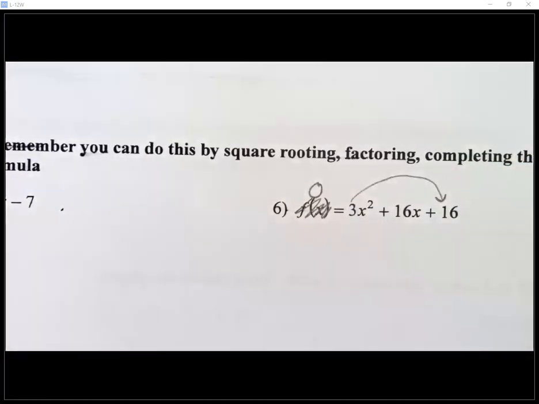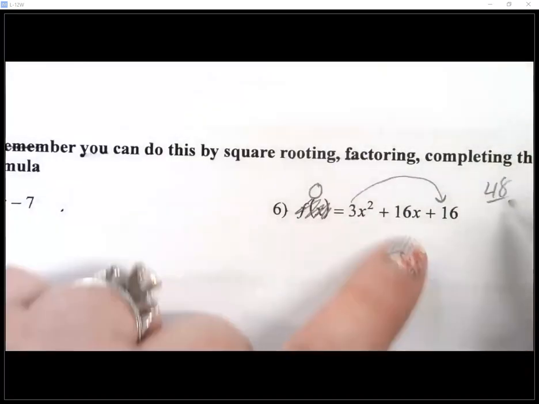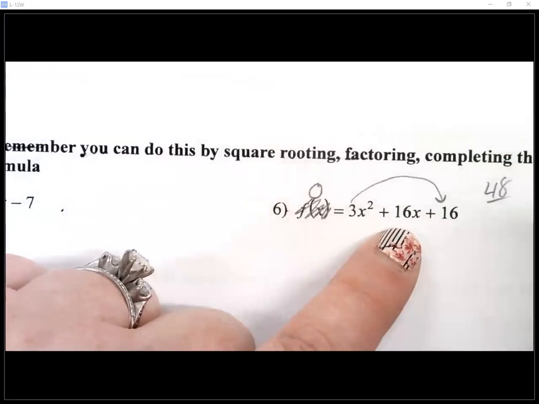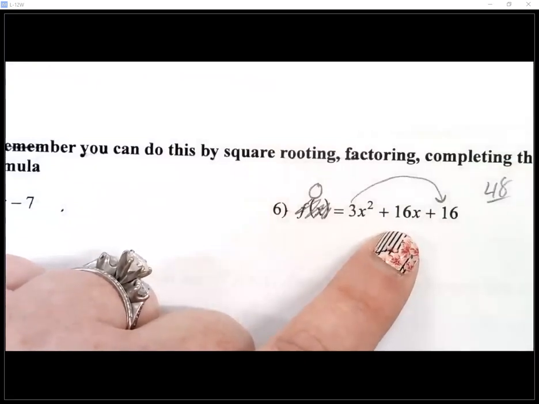That gets me 48. So I'm just going to spend a minute and see if I can find factors of 48 that add to 16. And you know what? I'm not sure that there are any. Oh, 4 and 12? Well, there we go. All right, never mind.